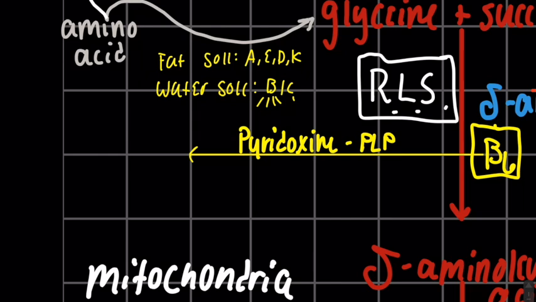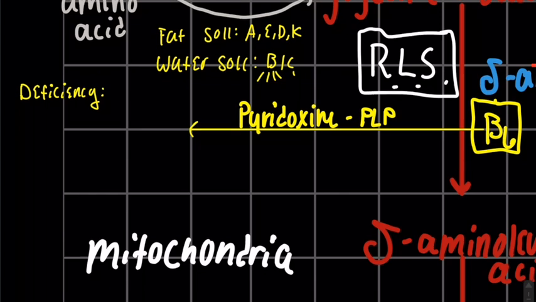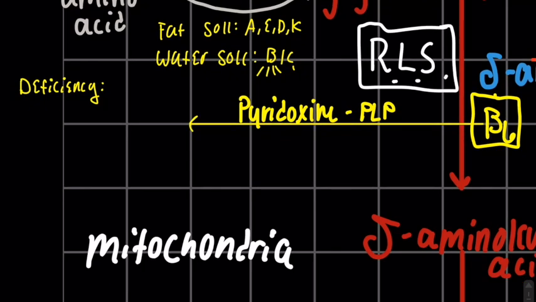Whenever you think about a vitamin, there's a couple things I want you to think about. You want to think about deficiency, and what that deficiency looks like. And we want to think about where we get it from, so the source. Deficiency in B6, what can cause a deficiency in B6?